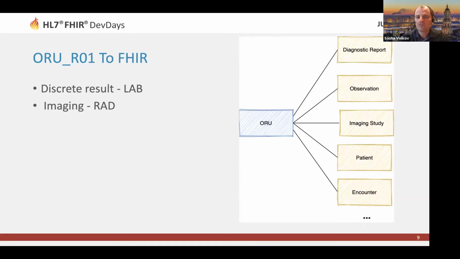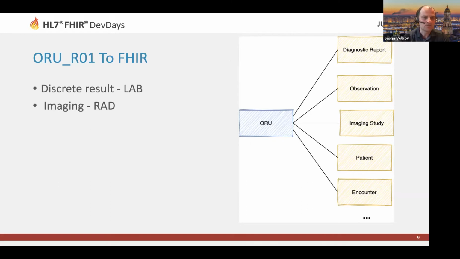And I think those are 5 probably of greatest interest for our customer. And looking at the ADT and the ORU, I start to see the common FHIR resources like patient and encounter. I think we should be able to leverage those when we are looking for the encounter-related resources.